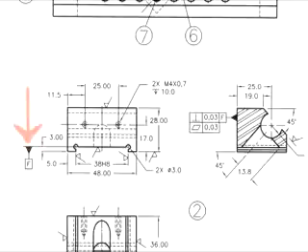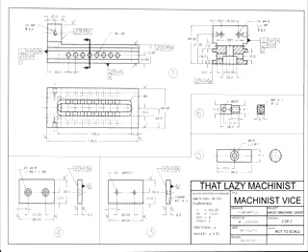Well, it's right over here. And it's indicated, again, by the triangle and the block with the F inside. This means reference or datum surface. In this case, datum surface F. Here we have drawing 2 of 2 drawings on, again, our machinist vise project.